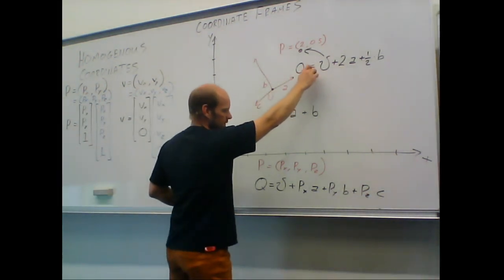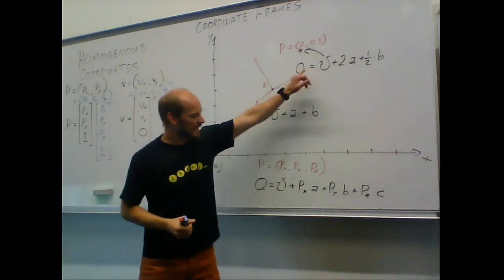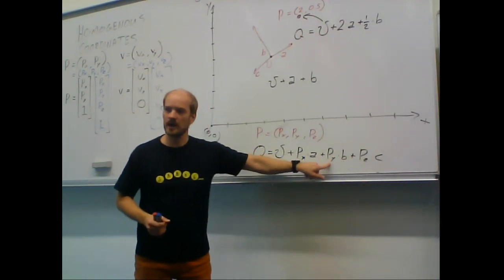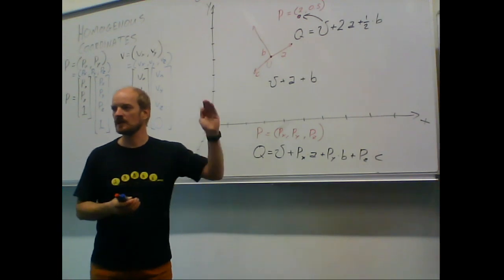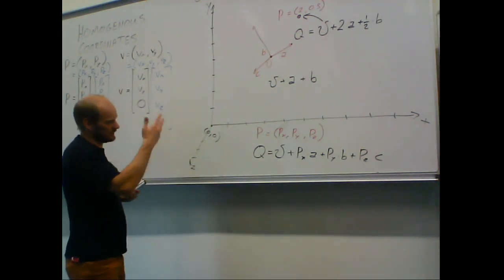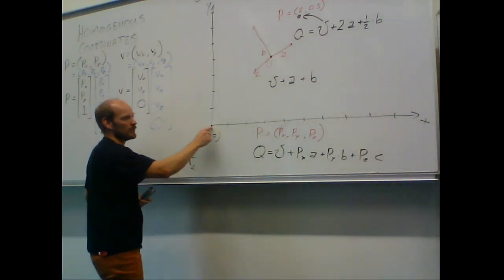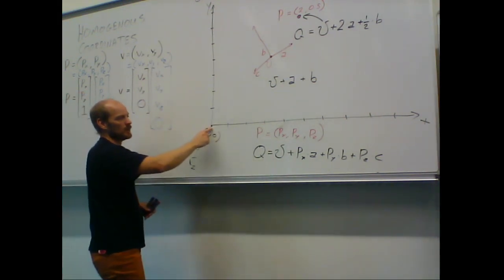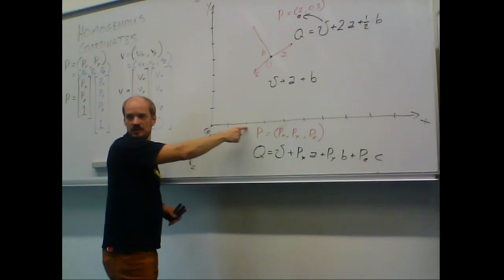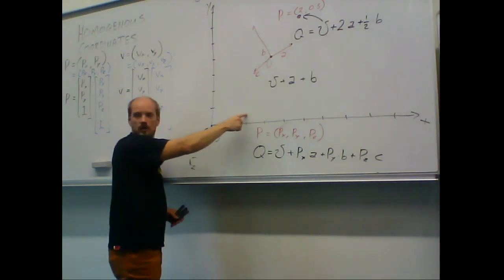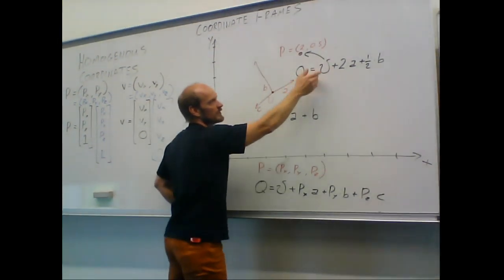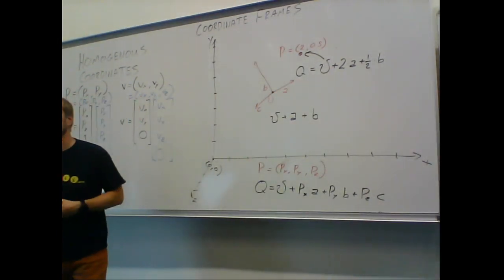Then I add to that the vector b scaled by the y-coordinate. So how many vectors b am I going to go? Which is just like in a regular coordinate system. If I have the coordinates 2, 0.5, I go 2 along the x-axis and then 1/2 along the y-axis. I'm just going along a different vector.